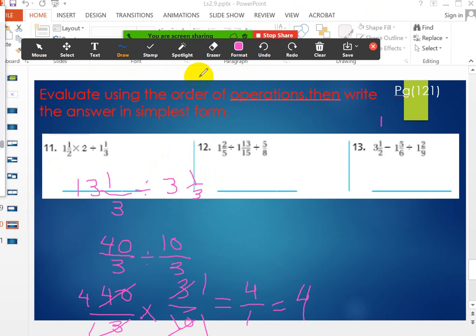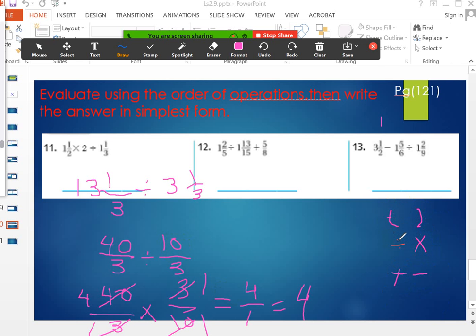The order tells me that you have first to do parentheses and powers. You have to do division and multiplication after that, and the last thing, addition and subtraction.